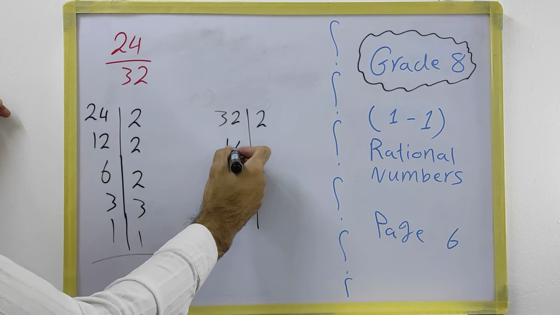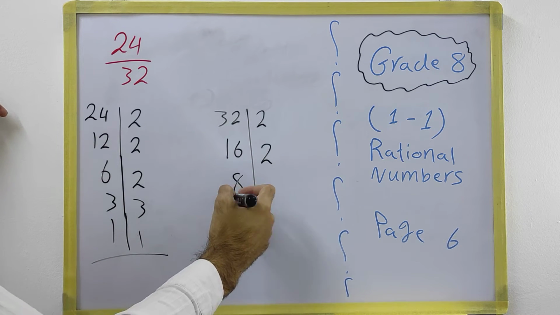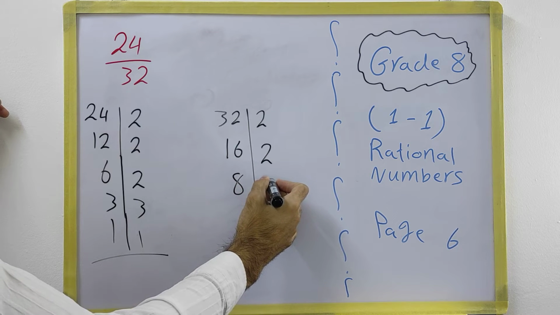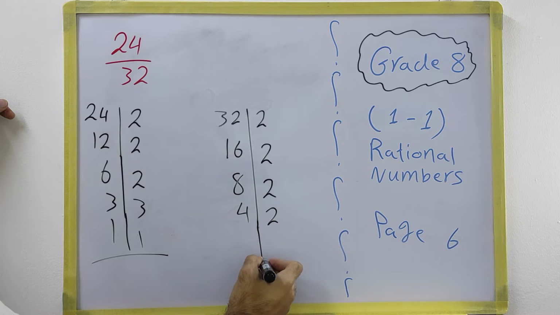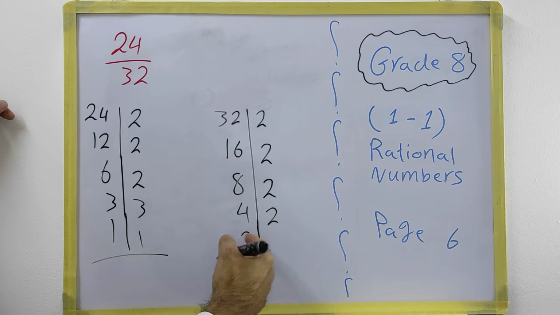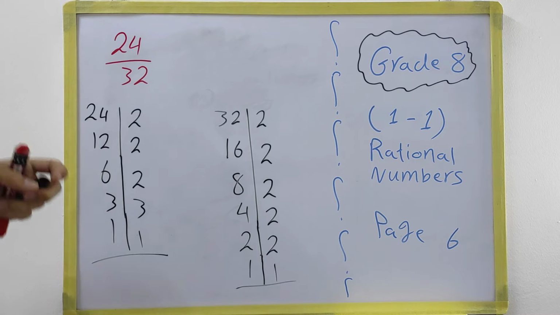Yes, 16. Again can be divided by 2. 8 can be divided by 2. Yes, it's 4. And it can be divided by 2 again, which would be 2, and 2 divided by 2 is 1 in the end.